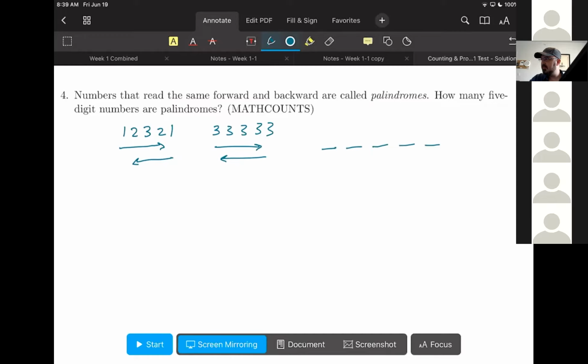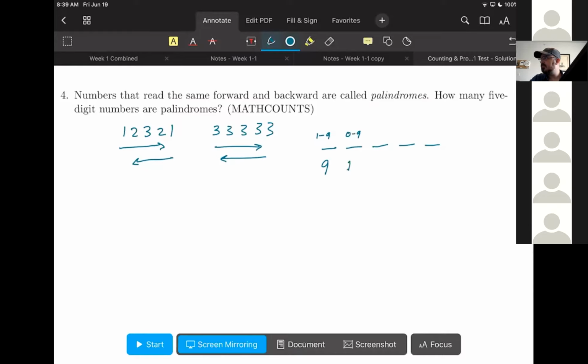Right. The leftmost digit can't be 0, because otherwise it's not a 5-digit number. So there are 9 possibilities. What about the second digit? Are there any restrictions if the first digit is 1 through 9? No. 0 to 9.